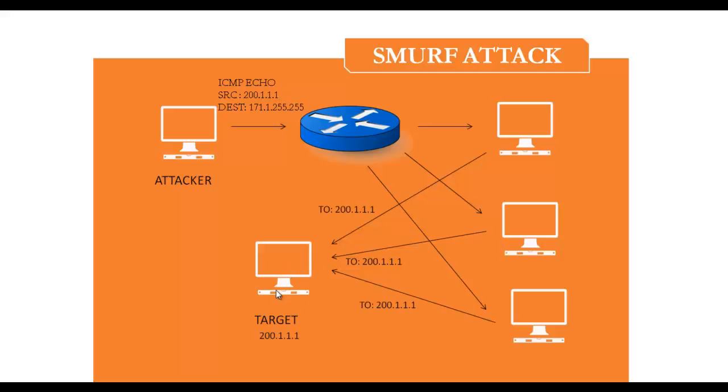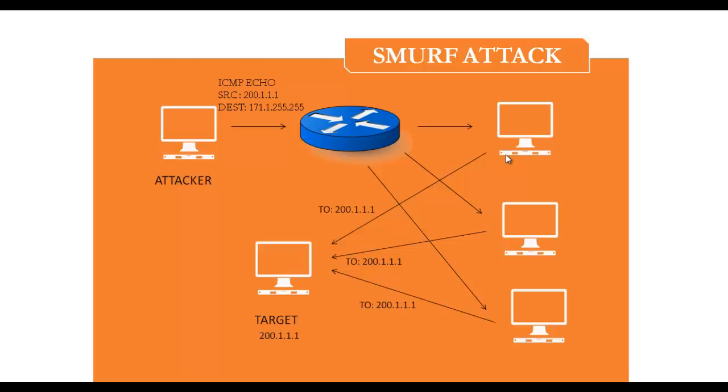Now the idea here is, since ICMP doesn't include a handshake, the destination has no way of verifying whether the source IP is legitimate or not. So the router receives the request and passes it to all the devices that sit behind the router. All these devices then respond back to this ping request.